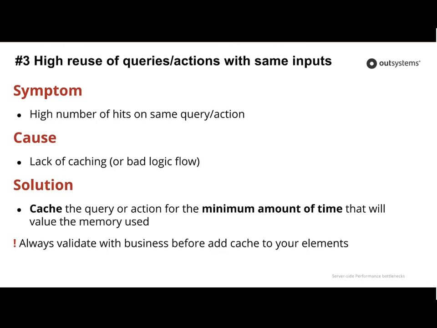Just a warning here. Of course, this is a huge improvement, but if the business is always changing the rules, meaning that whenever you go and fetch the information with the same inputs, you will get different results, you cannot cache during a long period.